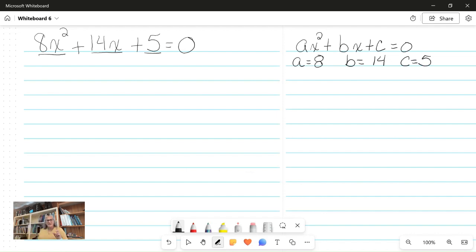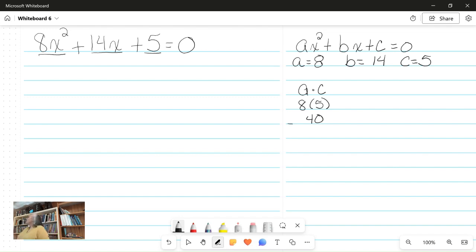Now that we have A, B, and C, we can plug these into what we call our AC method to figure out which factors we're going to use. My first step in finding the factors is multiplying A times C. A times C would be 8 times 5, and 8 times 5 is 40.